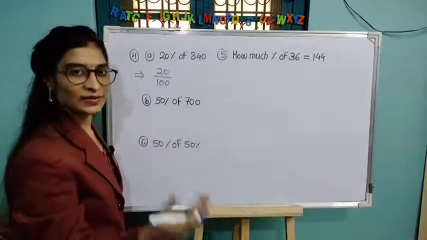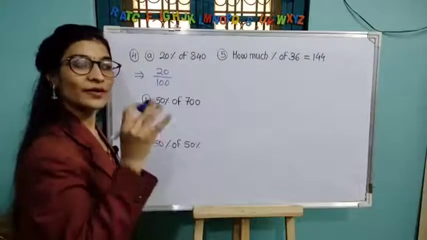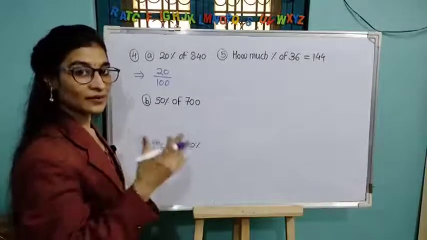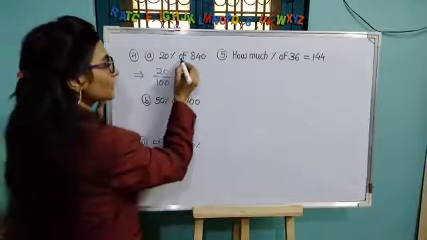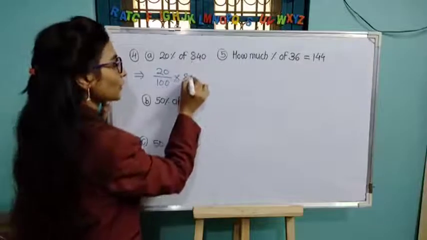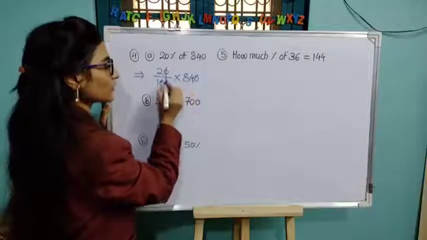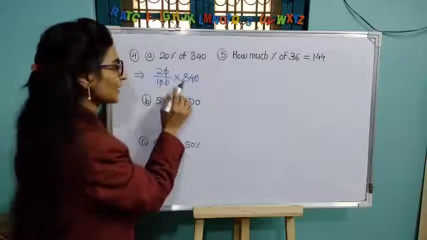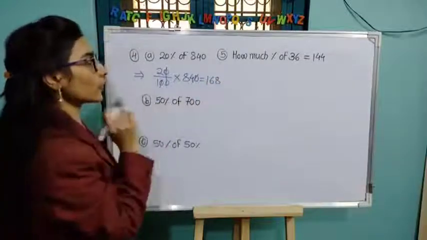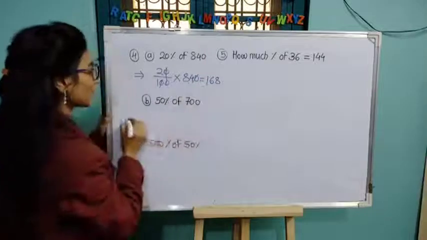If 30% is there, you can write 30 upon 100. If 50% is there, then you have to write 50 upon 100. Means if percent is given, you have to take a ratio of that number with 100. Okay, and this "of" indicates a multiplication sign. Okay, and we have to write the next number here and just simplify it. 0 gets cancelled with this one, and now you have to multiply this 84 by 2. So that is equal to 168. So in this way, you got this answer. 20% of 840 is equal to 168.